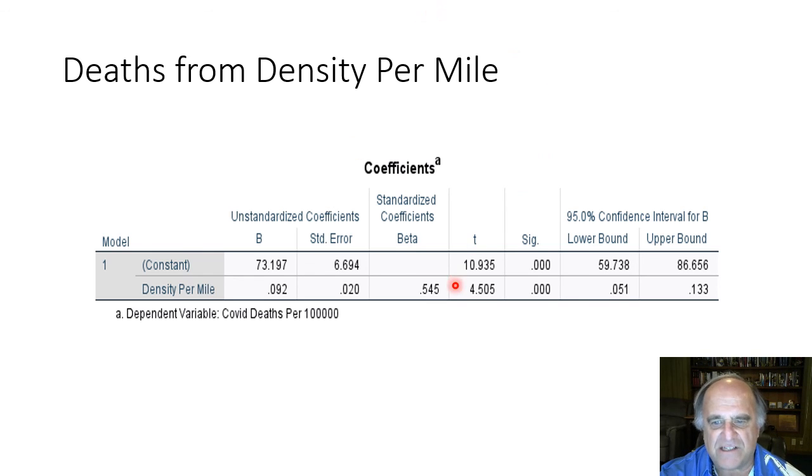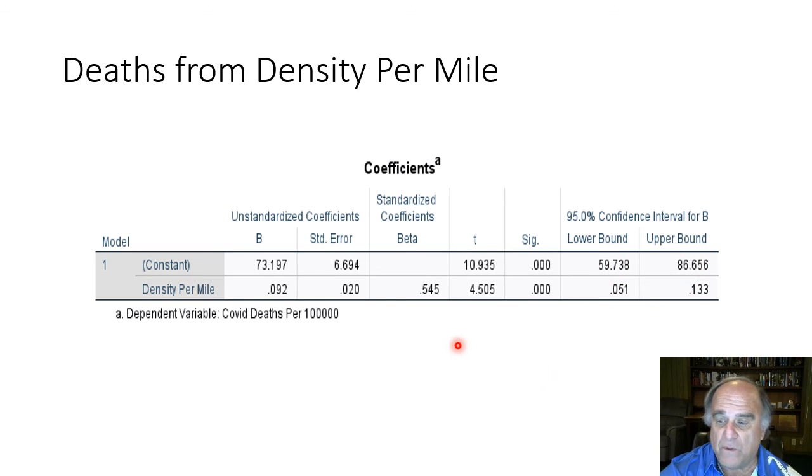We see the t's associated with each of these variables. The t for the constant is 10.935. It is significant. The t for density per mile is 4.505. It is significant. Again, the significance of the constant is usually irrelevant to us. And we can get our confidence intervals for our b's, the lower bounds and the upper bounds.